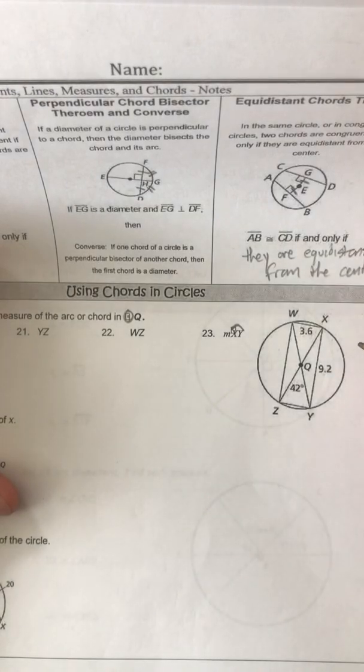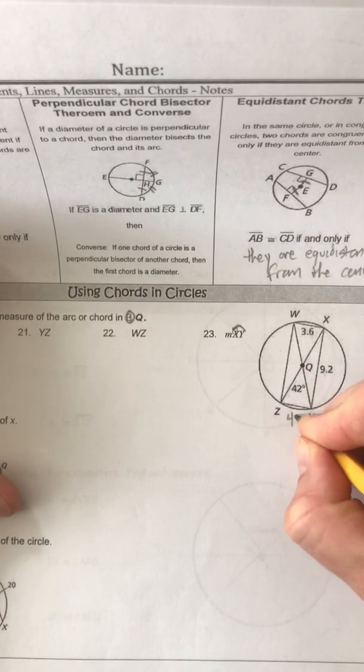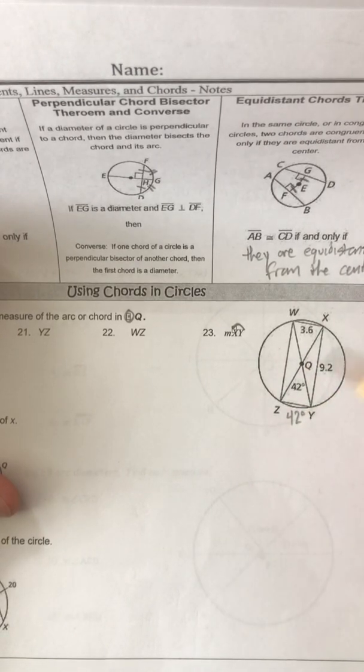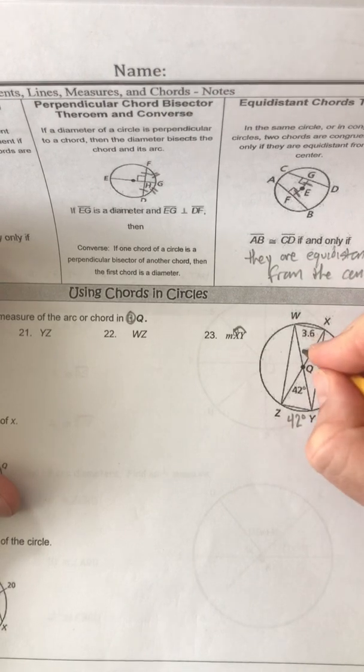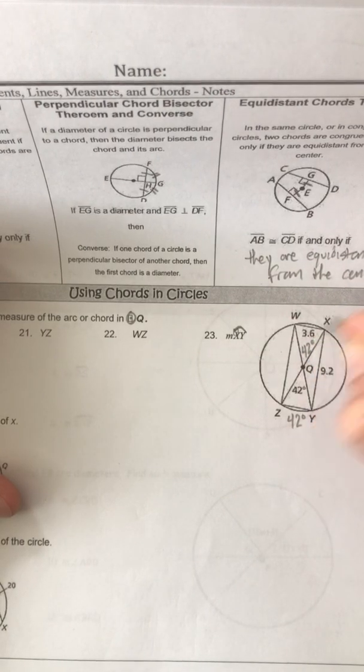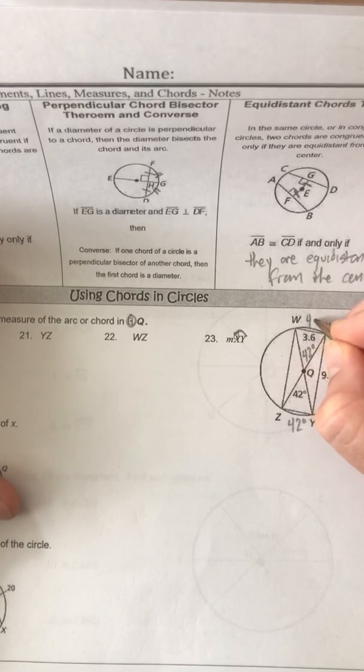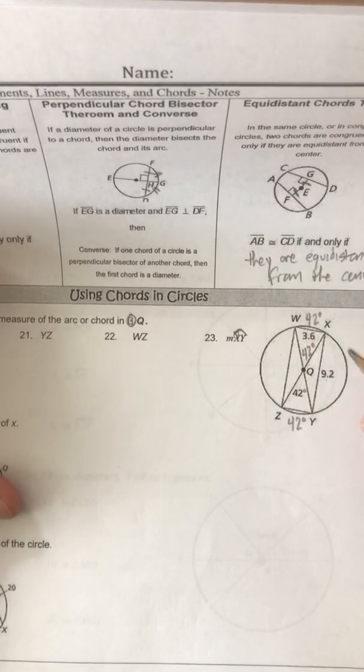All right, so what we look at here, guys, as we start seeing this, the first thing I see when I look at this figure is it gives me a 42-degree central angle right here. That means this arc out here is going to be 42 degrees. Now we also have a vertical angle here, so that means we have 42 degrees over here, which means we have 42 degrees over there. So look what we got here, guys.